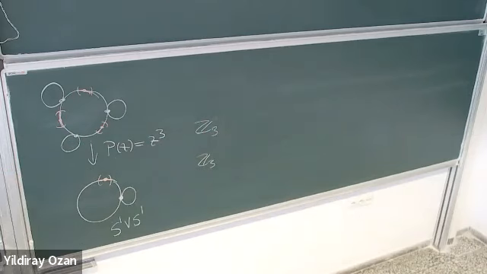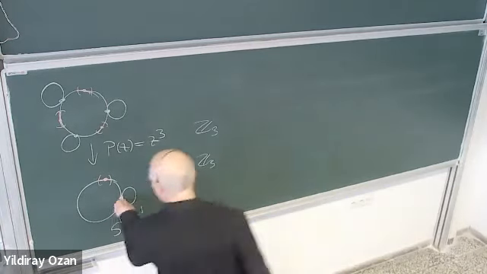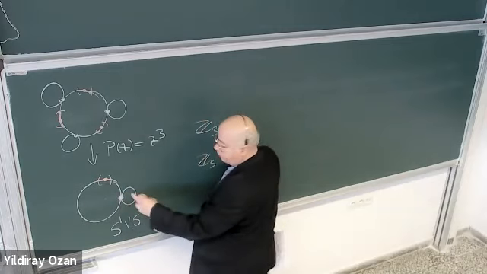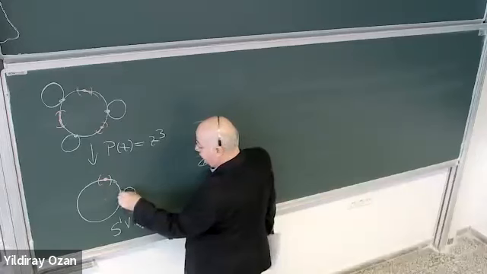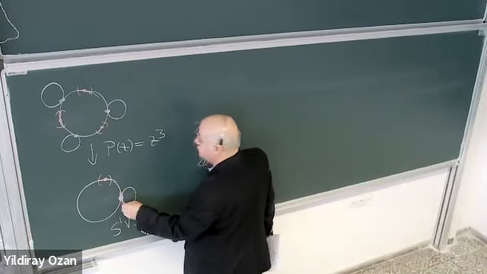However, if you are, let's say, at the point here, then a neighborhood of this will be a piece like this plus another piece like this.